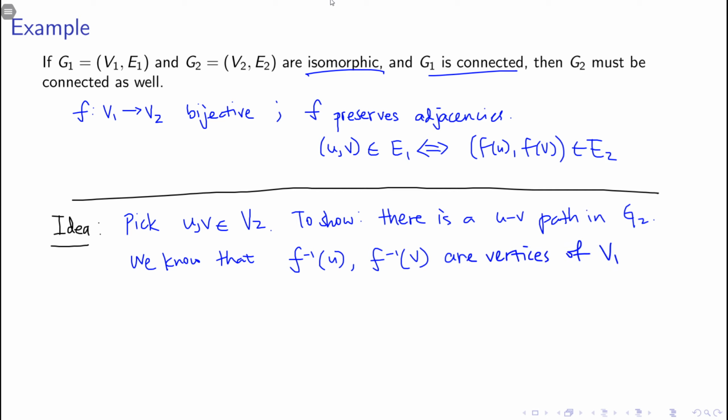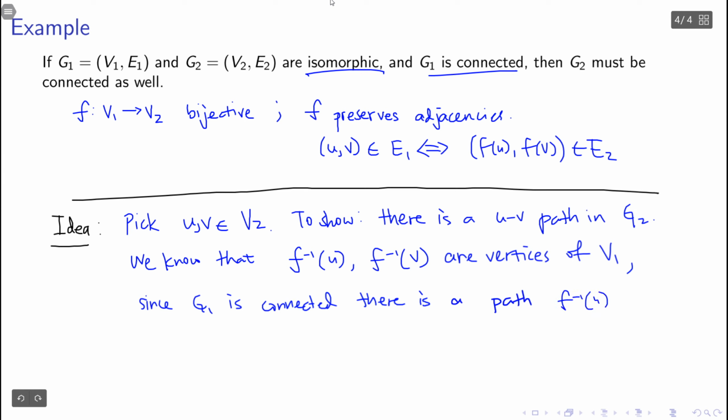F is a bijection, so clearly they're distinct vertices in V1. And since G1 is connected, there is a path. I guess I'm proving it now, essentially. It's not a difficult proof. There's a path from F inverse of U to F inverse of V, because there's a path between any two vertices in G1 since it's connected.